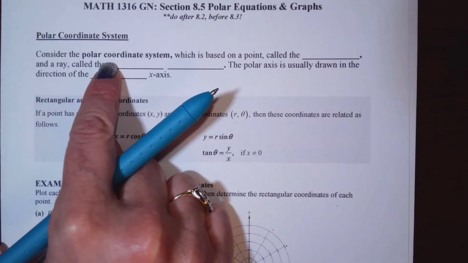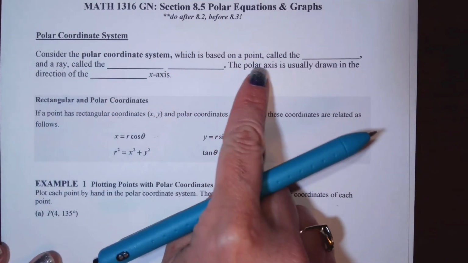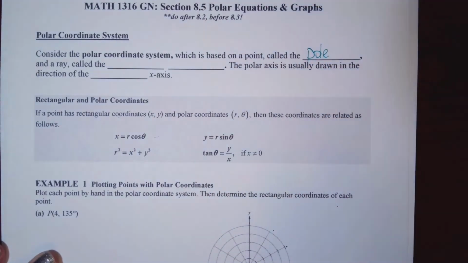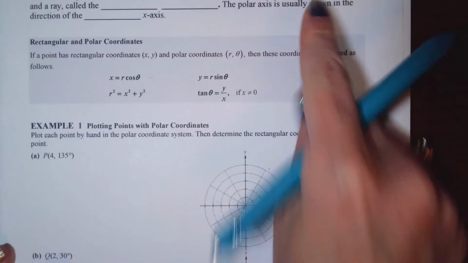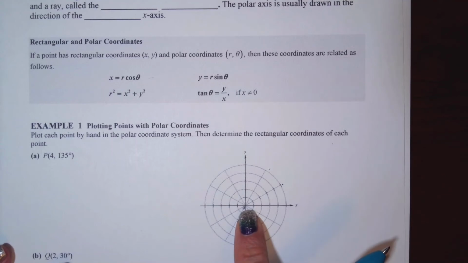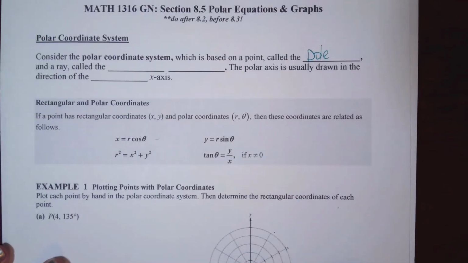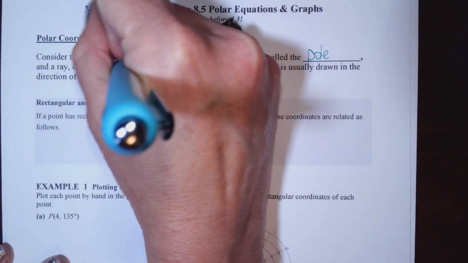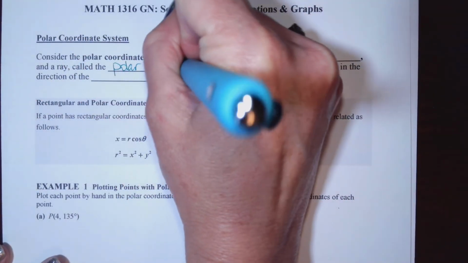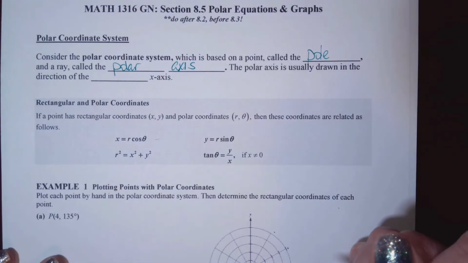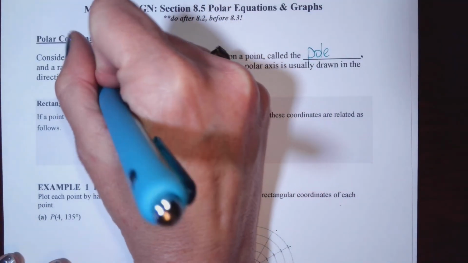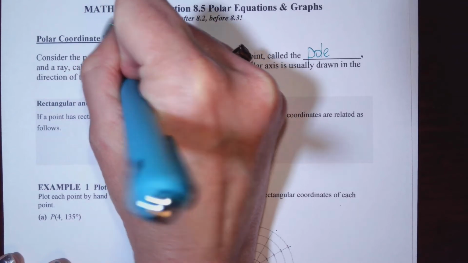Alright, our polar graphing system is based on a point called the pole. Now this pole is what we would call the origin on our rectangular coordinate system, and a ray, which is called our polar axis. And that polar axis is drawn in the direction of the positive x-axis.